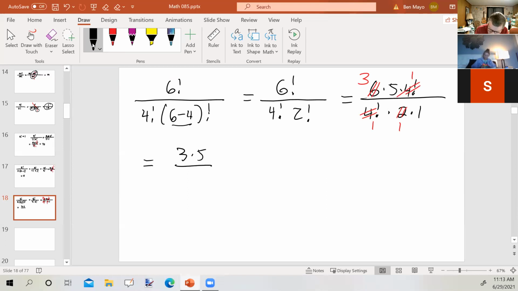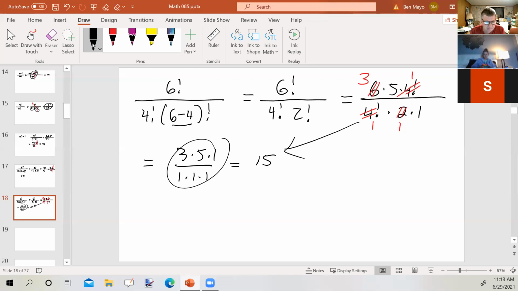Actually, 3 times 5 times 1 in the numerator, and in the denominator 1 times 1 times 1, which is 15. And I don't need to rewrite this. I could go straight there to 15. It's just a matter of how much you want to simplify at a time, or how many things you want to simplify at a time. All right, we doing okay, everybody? Any questions?